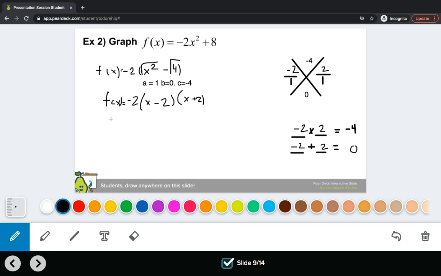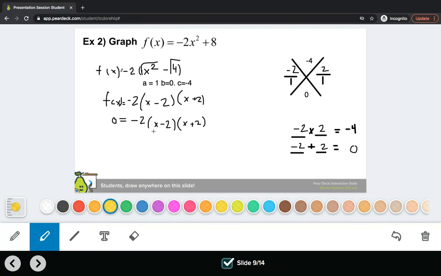So if I set this equation equal to 0, I have 0 is equal to -2 times x minus 2 times x plus 2. Okay, and I'm going to set each of these two equations again, because I have this first equation here, and then I have this other equation here.